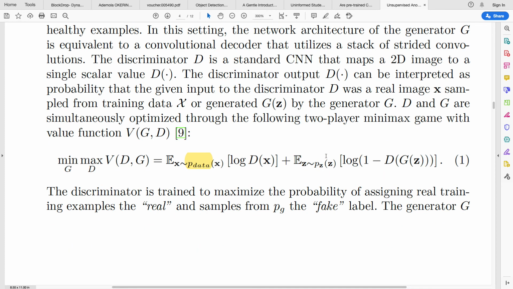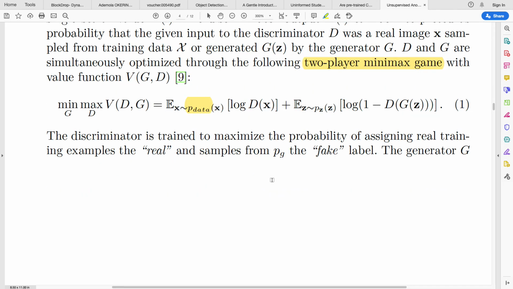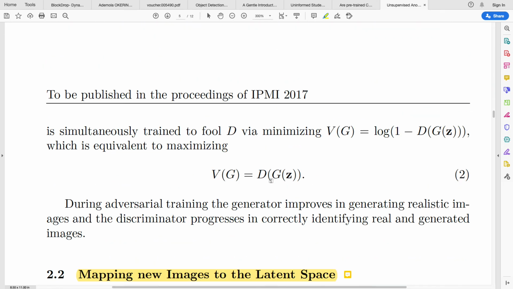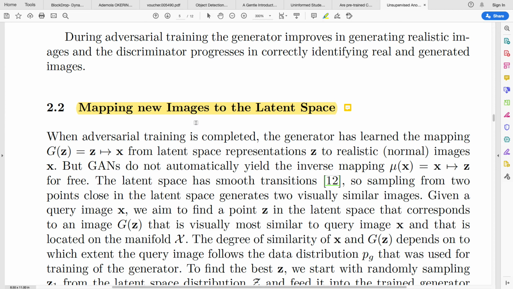This is the loss function, the value function for the two-player minimax game, because that is essentially what the generative adversarial network is. Okay, so mapping new images to a latent space.